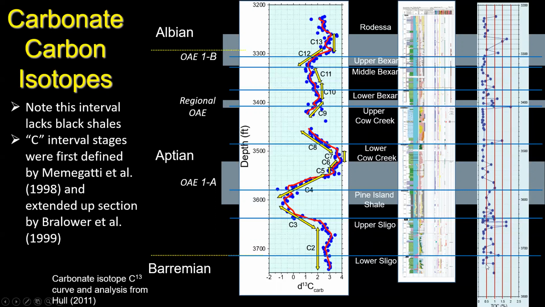These lower values are deposited during a normal aerobic environmental setting. A good example is the Upper Cow Creek here. Notice how low these are, 0.3, possibly 0.4. This is your normal aerobic or oxic environment, low TLC.